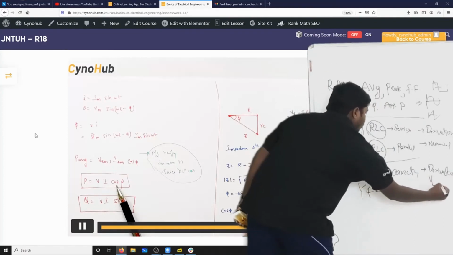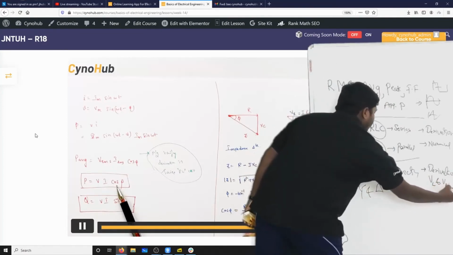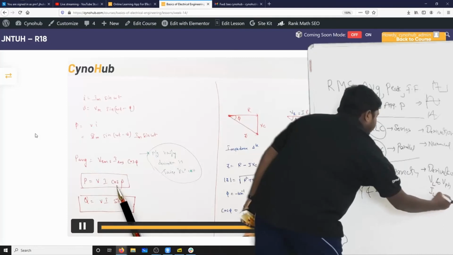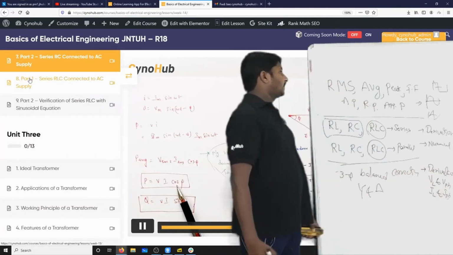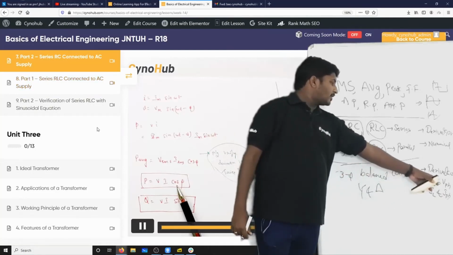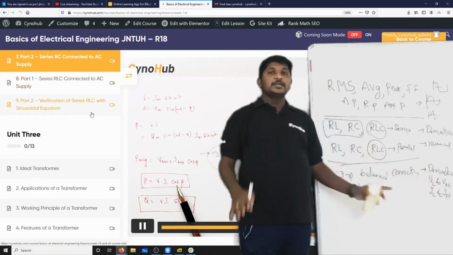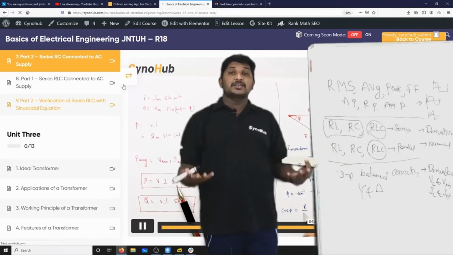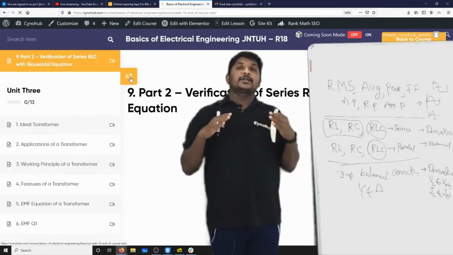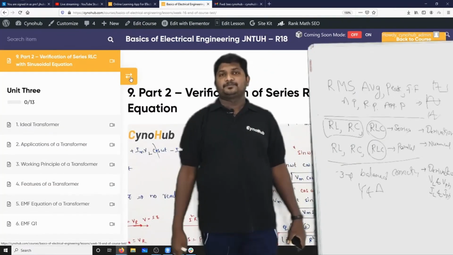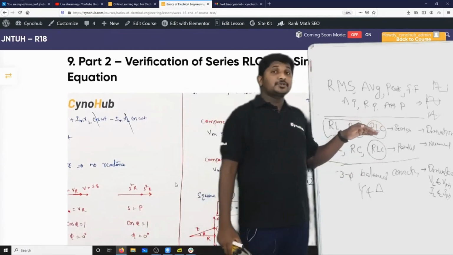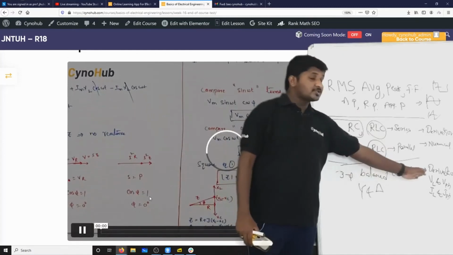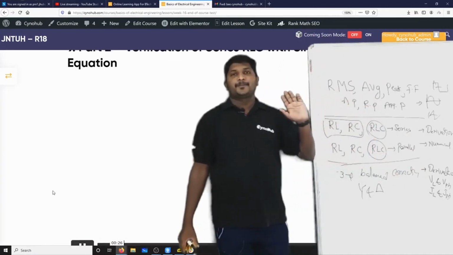The relationship between line voltage and phase voltage, and line current and phase current, in a star connected system or in a delta connected system. And substitution numericals based on these values.